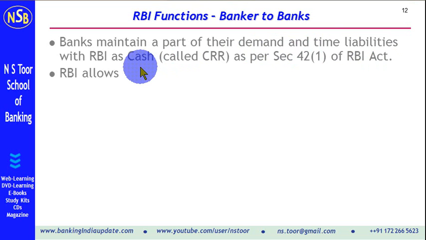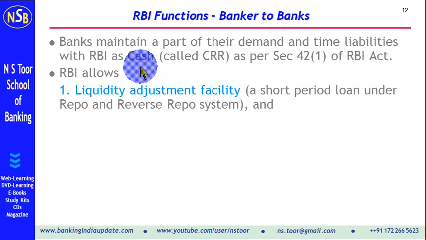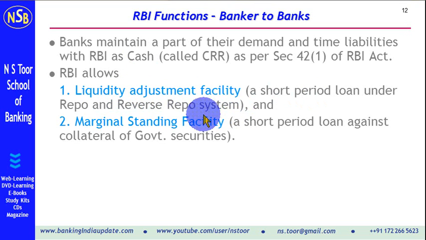Then RBI allows various types of loans to banks. So one loan is in the form of liquidity adjustment facility. It is a short period loan under repo and reverse repo mechanism. Another loan, marginal standing facility.